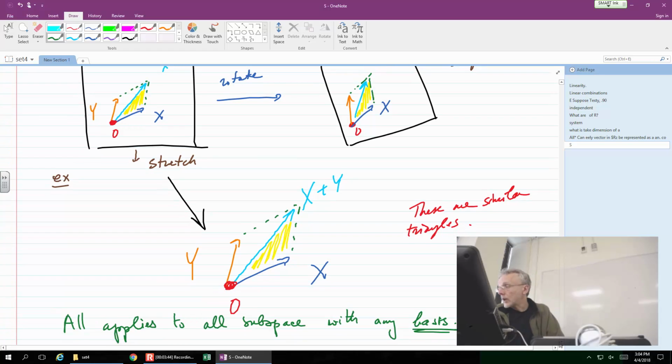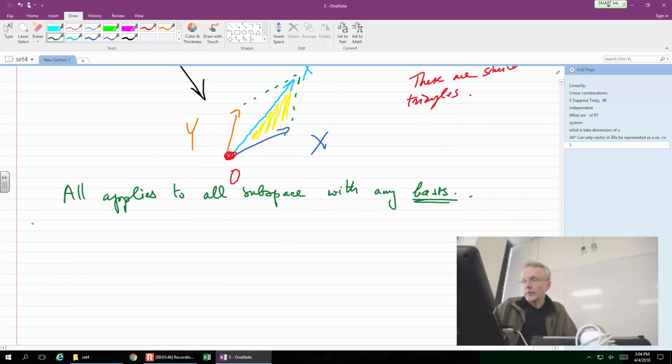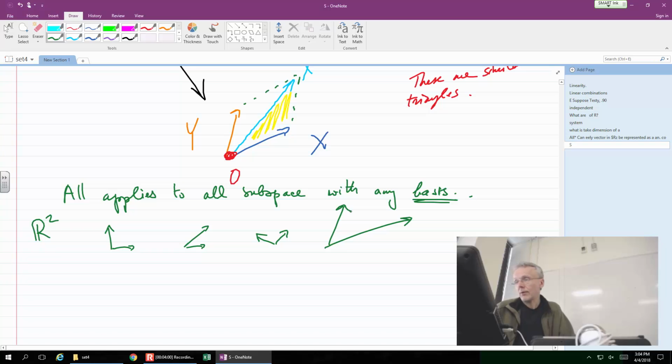Okay, so just to illustrate that, in R2 we have this is a basis, and that is a basis, and this is a basis, and this is a basis. All of these are bases. And this is not a basis.